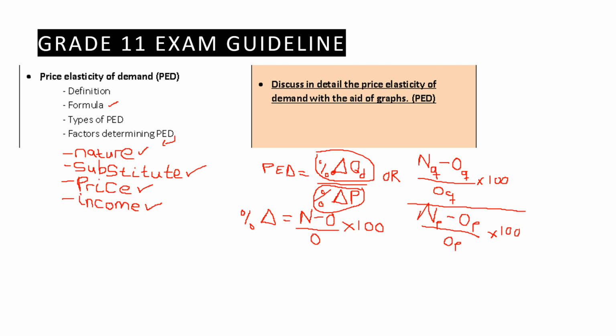So you will find that all this is being divided by all this. Okay, so it's still the same formula.